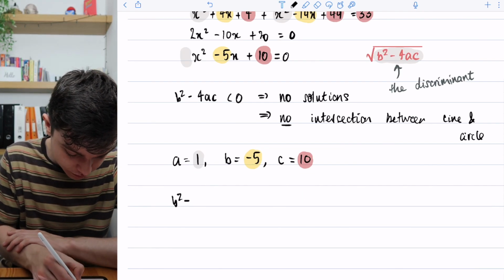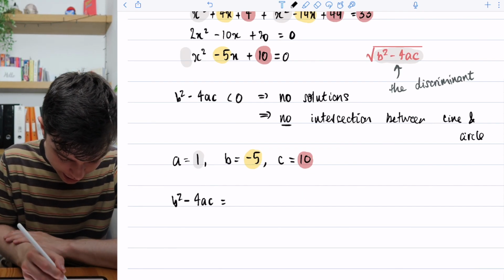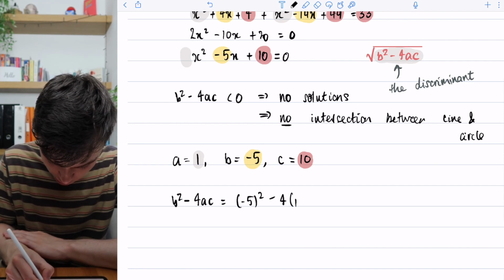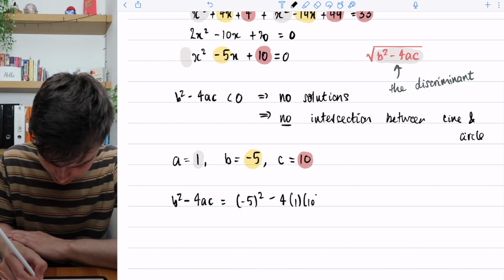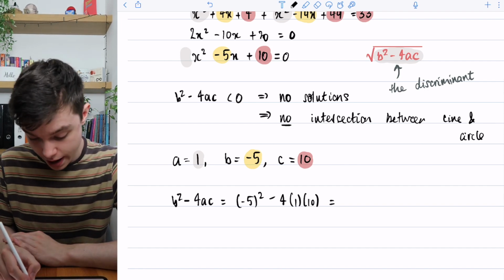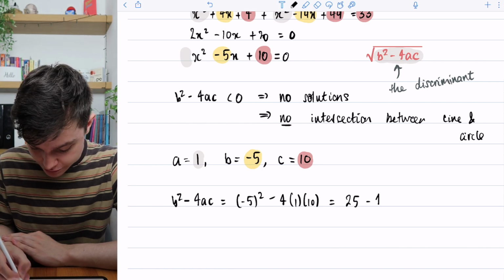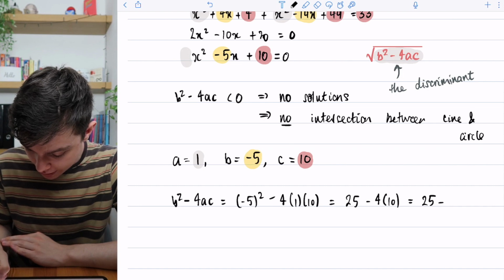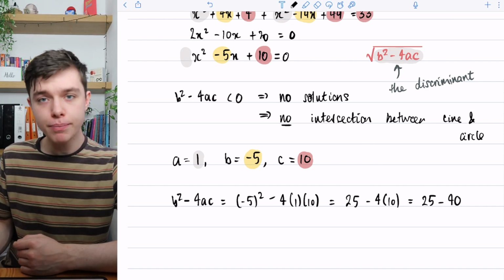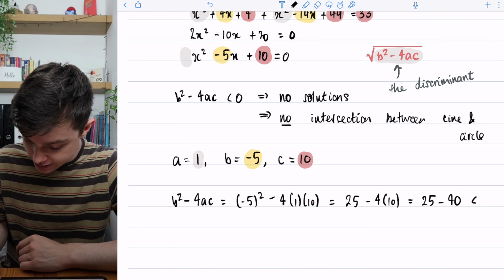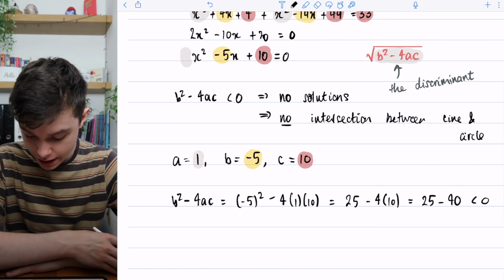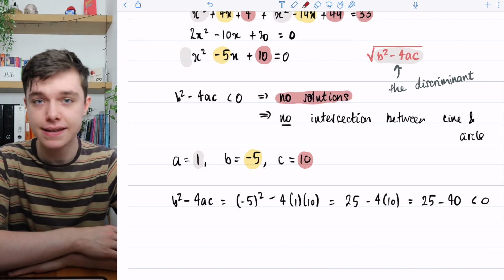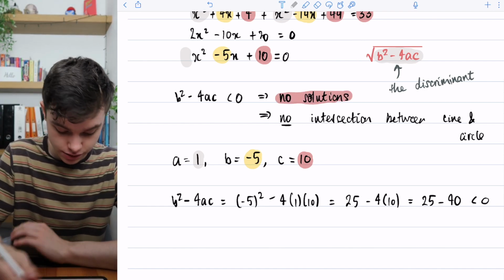B squared minus 4ac becomes (-5) squared minus 4 times a times c, which is 10. (-5) squared is 25, minus 4 times 10, so that's 25 minus 40. I'm not really bothered what that is exactly. We can clearly see that it is less than 0, so that means there are no solutions.